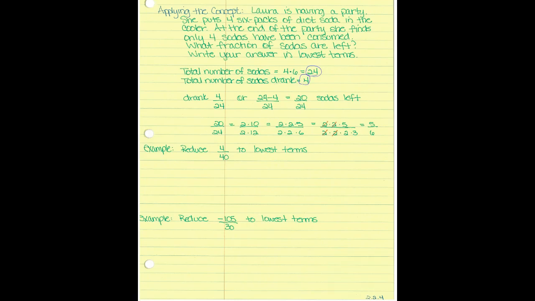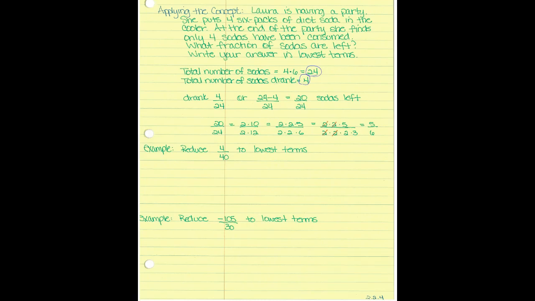Or we can think of it as 24 minus 4 out of 24. So that would be 20 sodas left. But we want to know what proportion of the sodas are left. So that's 20 out of 24.